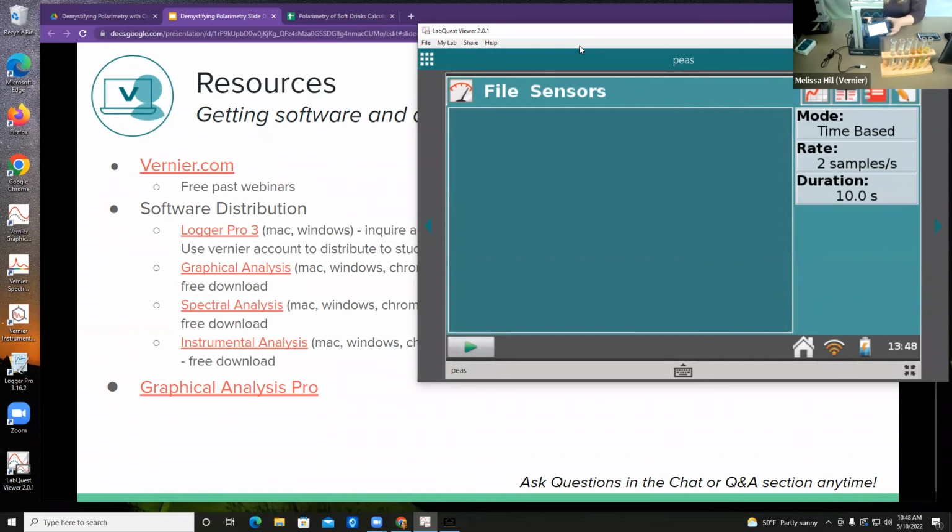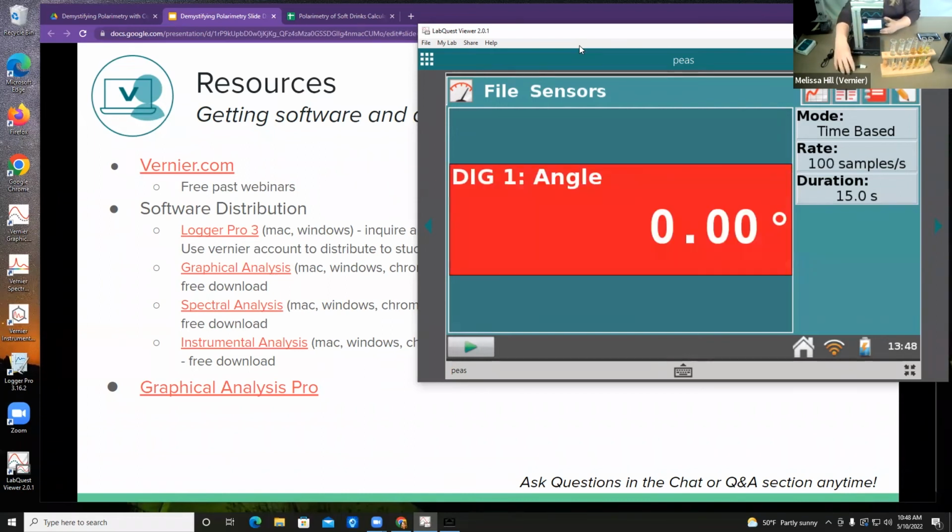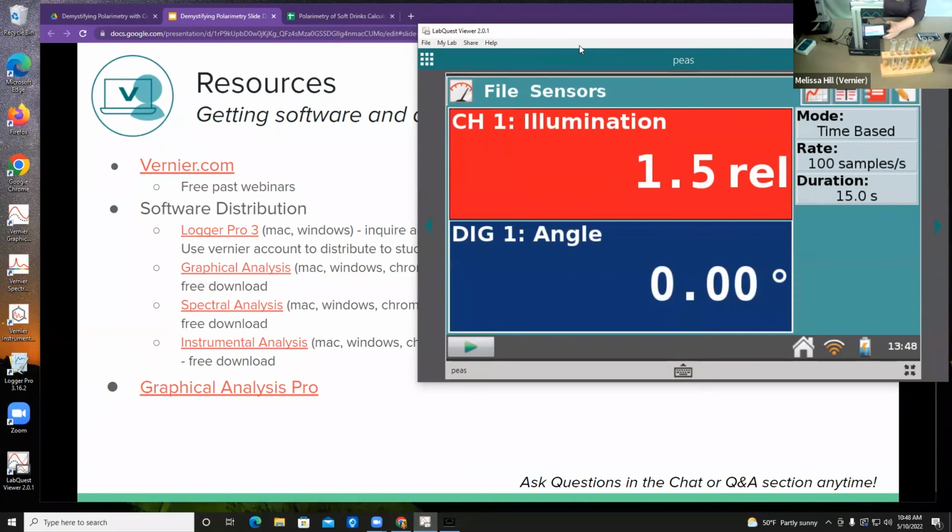So I'm going to plug in my digital and then my analog. And you'll see that in my Labquest I'm showing here, you see your channel for illumination and your channel for angle. And unlike the Go Direct version, I have to do my own calibration.